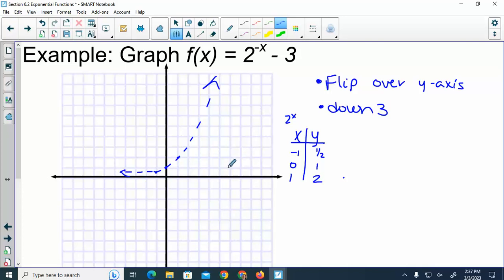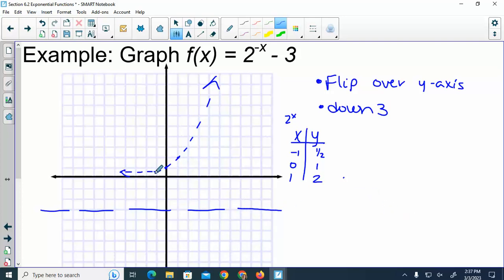When I move down 3, what else is going to happen? Horizontal asymptote. Right, we currently have a horizontal asymptote on the x-axis. I'm going to move that down 3, and I'll go ahead and draw it in down here at -3, so that I make sure I don't cross that line when I'm drawing it. So this is my new asymptote.